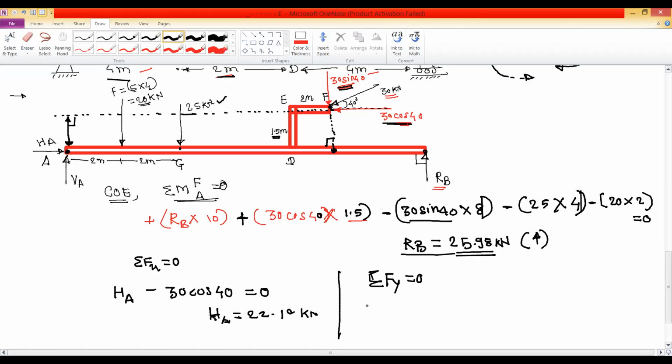For summation Fy, first is Va, then minus 20, minus 25, minus 30 sine 40, and plus reaction Rb.